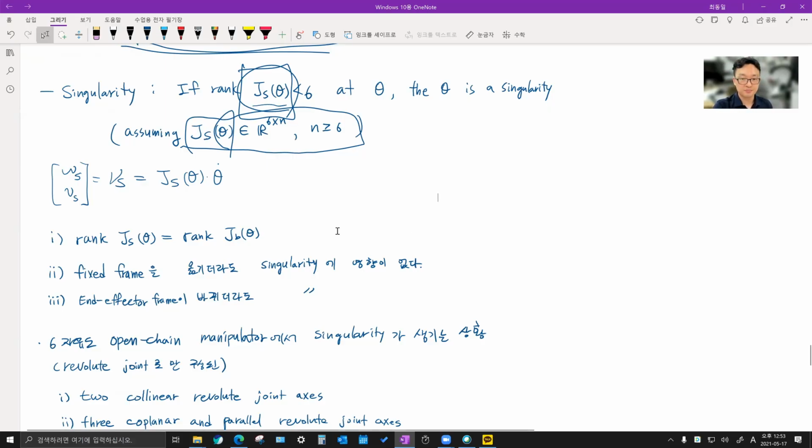So we should be careful about that. The property of singularity is that the rank of the body Jacobian and space Jacobian is always the same, and the singularity does not depend on the fixed frame or end effector frame.